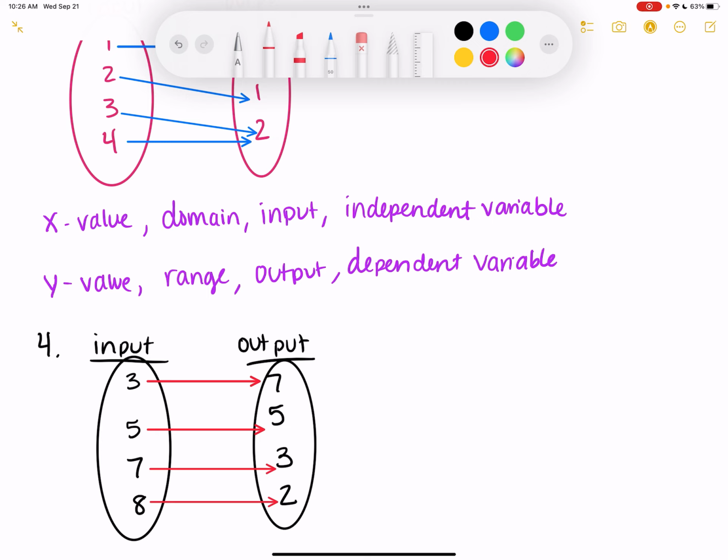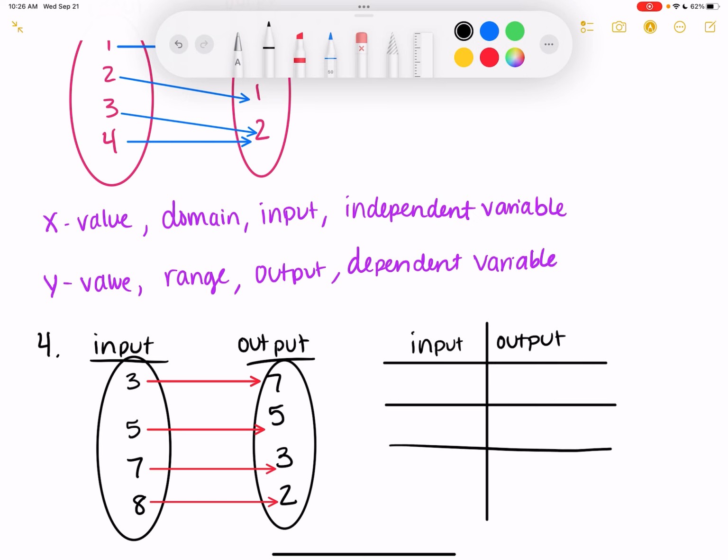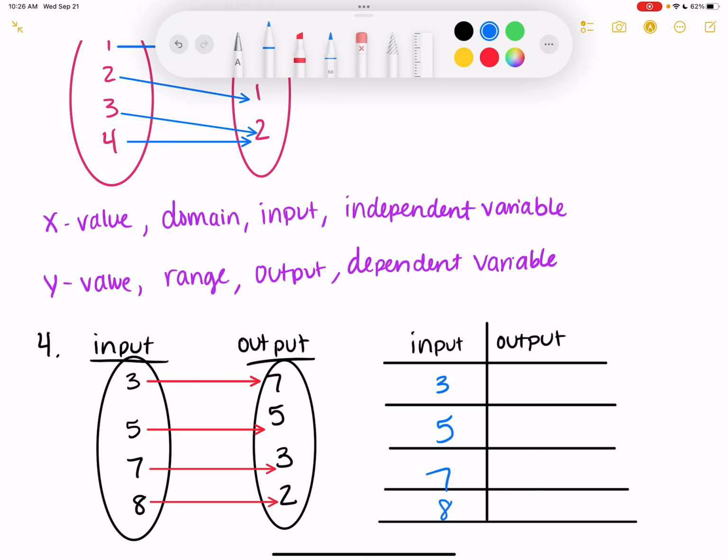Okay, and sometimes they will write these in a table instead, and so rather than drawing the arrows from what they go with, they will just draw it like, so like with this problem, if it was written as a table, it would say input, output, basically then they would put the numbers in here, 3, 5, 7, 8, and then 7, 5, 3, 2.